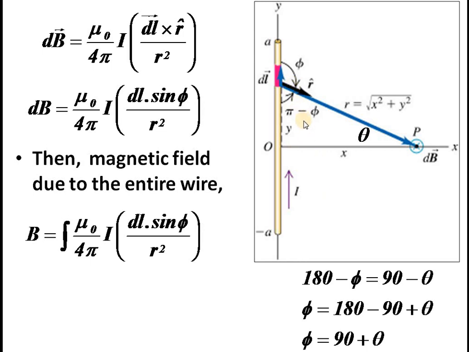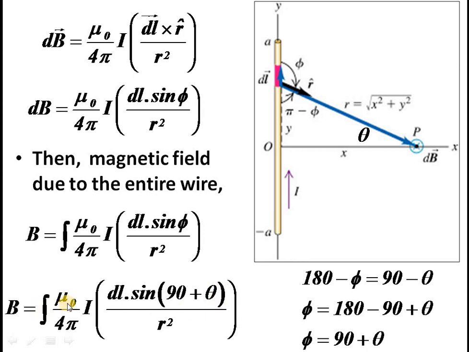So from the figure it is clear that 180 minus phi is equal to 90 minus theta, both are the same angle. So you can write 180 minus phi is equal to 90 minus theta, or phi is equal to 180 minus 90 plus theta, or phi is equal to 90 plus theta.